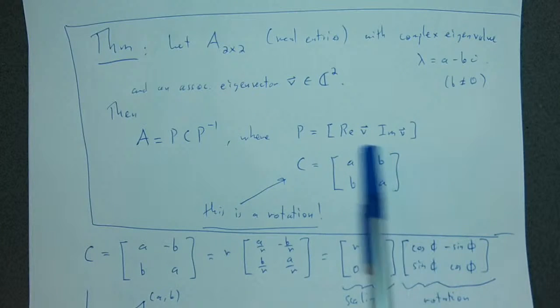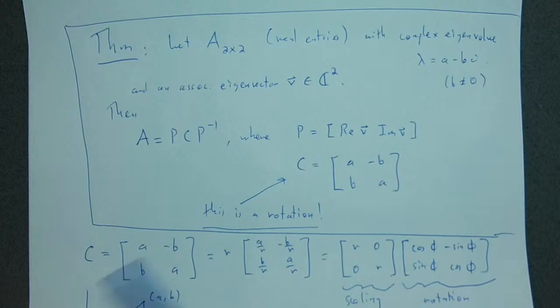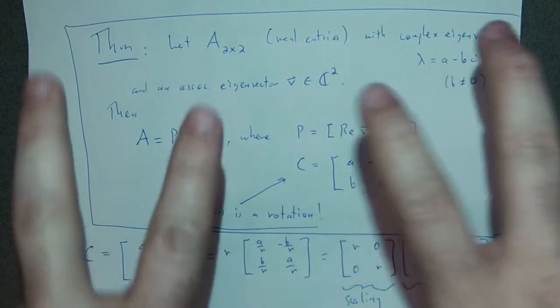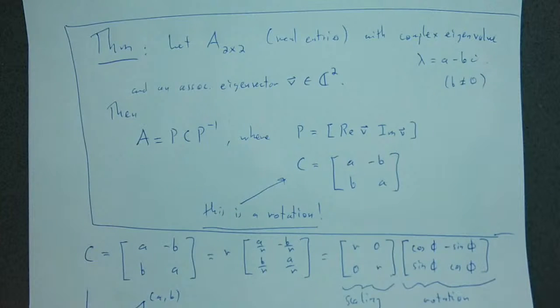So this matrix C that A is similar to is a matrix that contains a hidden rotation in it. And so multiplying by a matrix that has complex eigenvalues is a rotation, basically. So that's how complex eigenvalues lead to a rotation matrix.